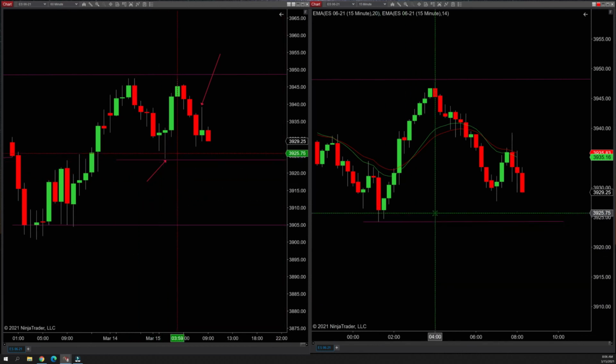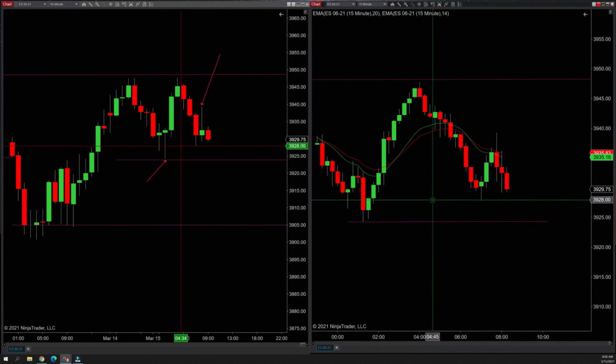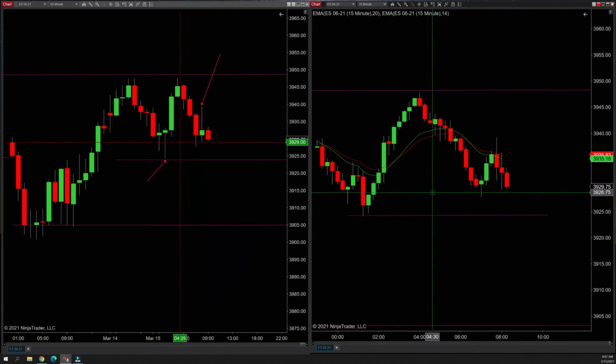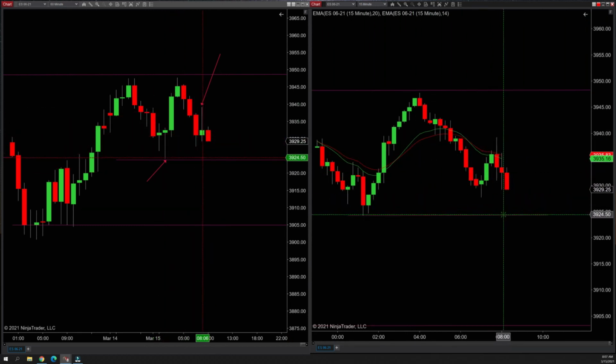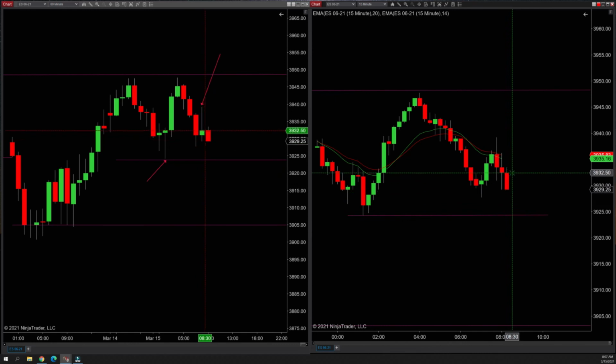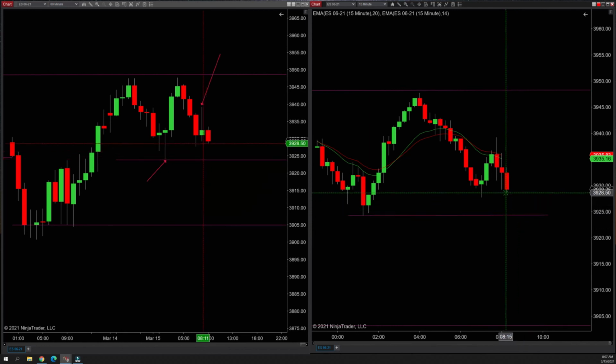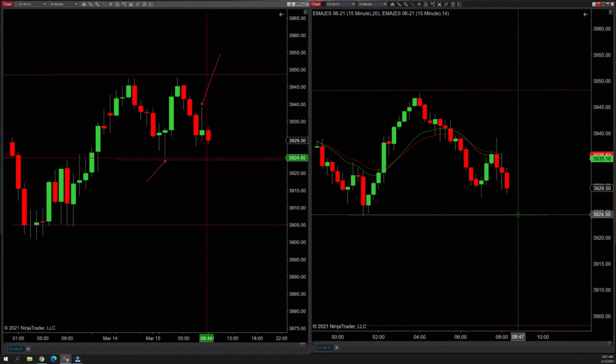Now, the other thing is when I have clarity and for whatever reason I think action is going to come down and test this area, but I look where my entry is and I say, well, I don't have the right risk to reward ratio, because if my stop loss is here and I only have price going to here, it's not going to cut it. That's okay oftentimes because I can enter when price gets down to this area.